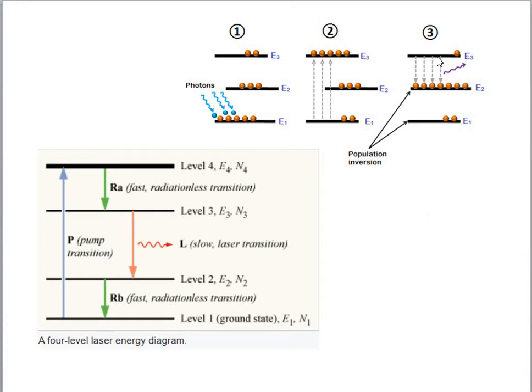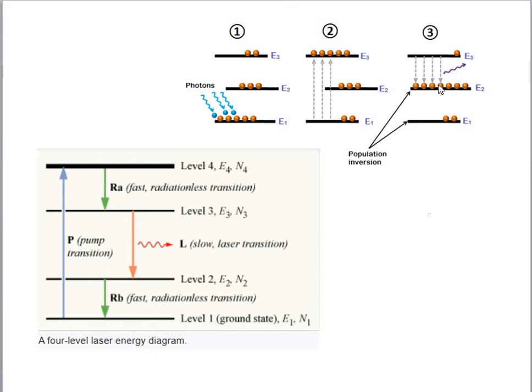Then the photon is spontaneously emitted. As a result, the electron is de-excited to the lower energy state, and this radiation is the production of laser. So laser light is produced when the excited or higher energy state is more populated than the lower energy state.